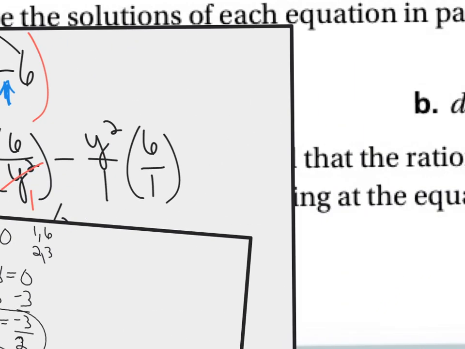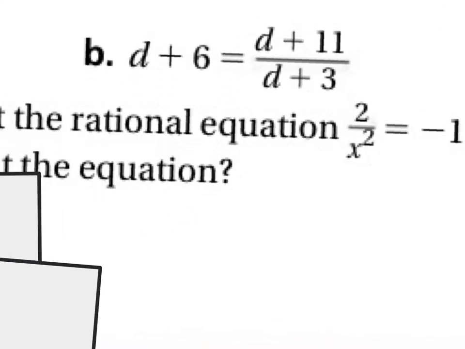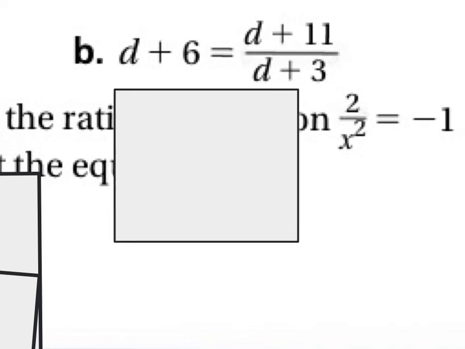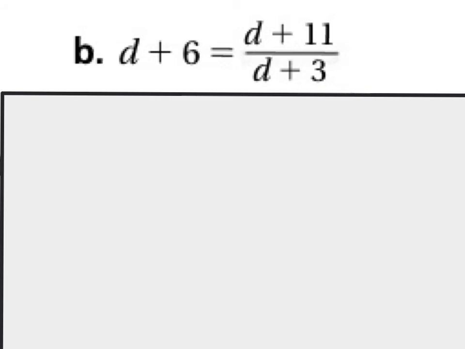So if we look at part B, we've got a similar idea here. One thing different on this problem that they're kind of throwing in that we haven't seen yet is that one denominator actually is a binomial, so that's a little bit different.